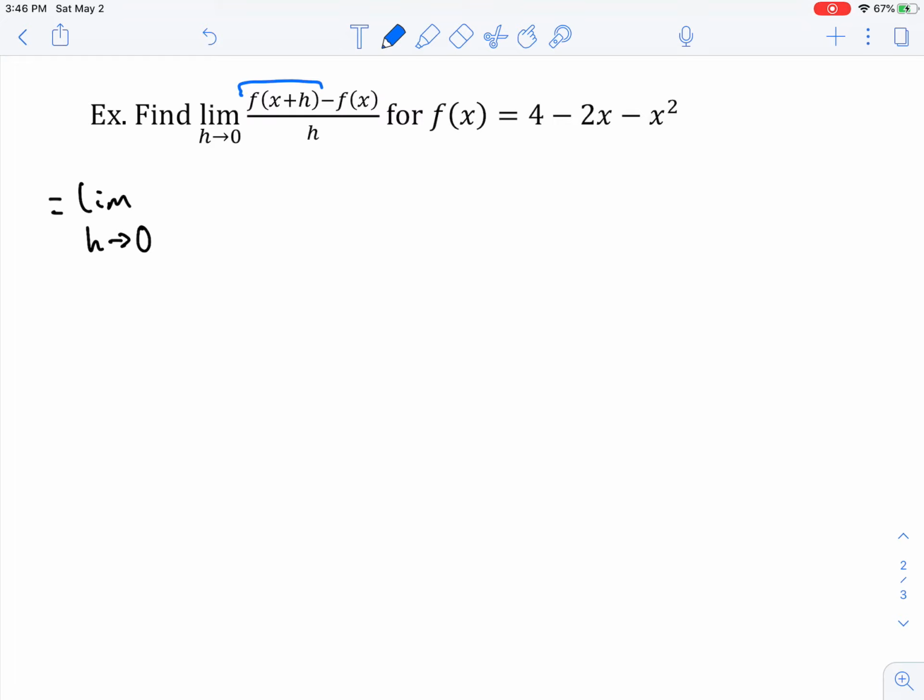And all that means is we are going to evaluate this function for x plus h. So what is f of x plus h? Well, we get the following. 4 minus 2, and we're going to replace all of our x's with x plus h. So x plus h minus x plus h squared. All right, so there's our f of x plus h.